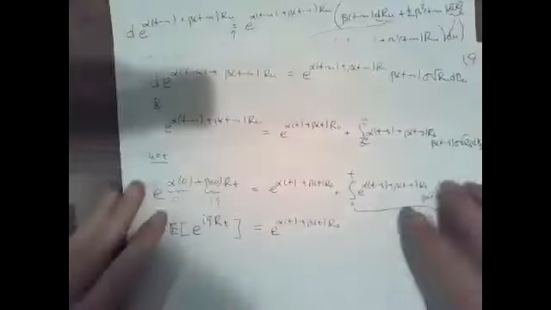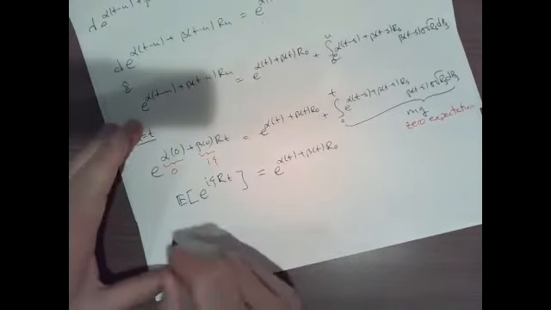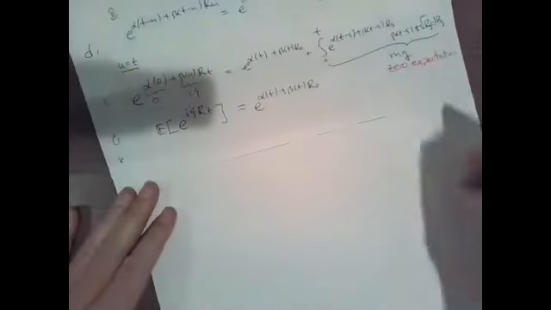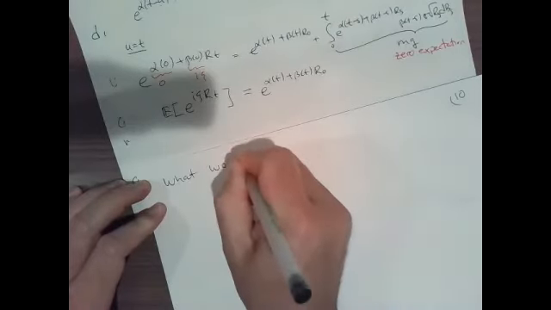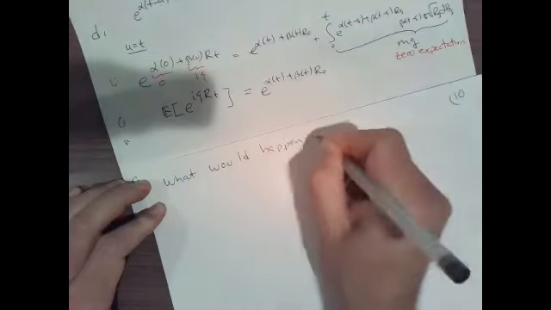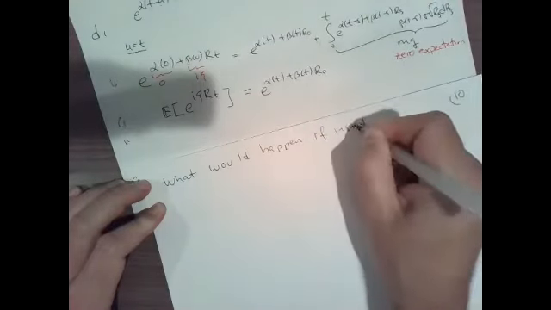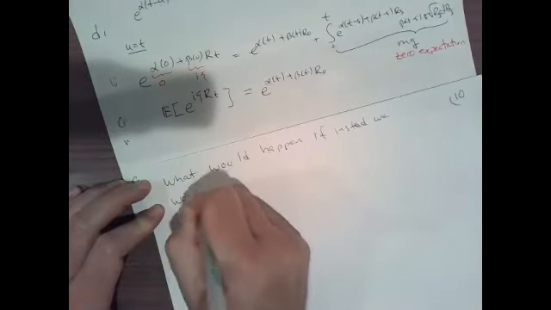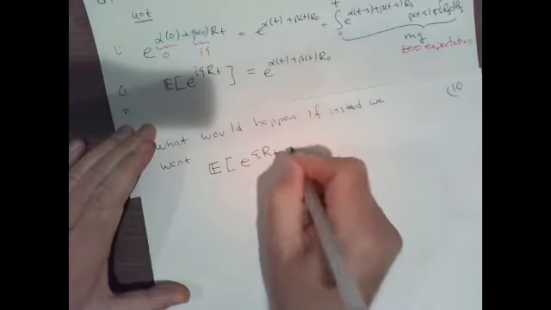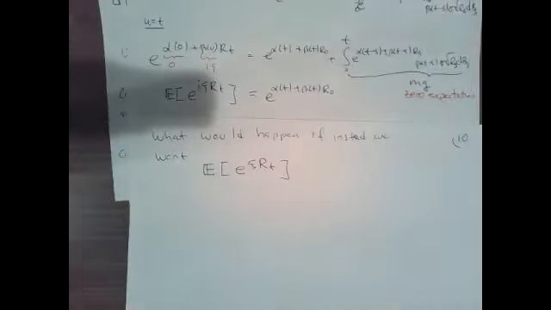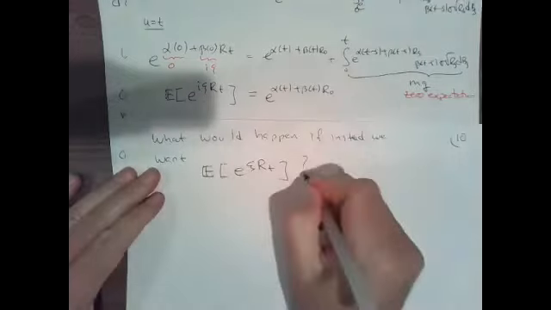So what would happen if instead we want this expectation? The moment generating function. How would you adjust the previous argument?